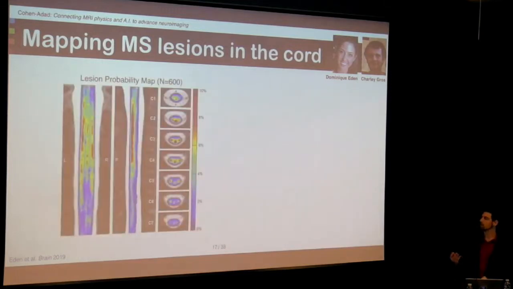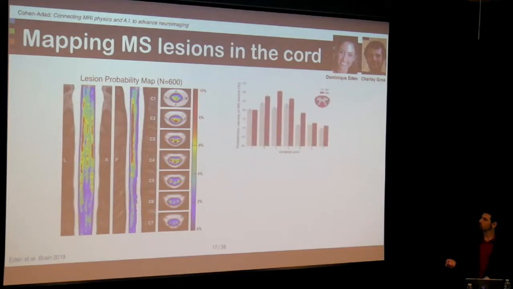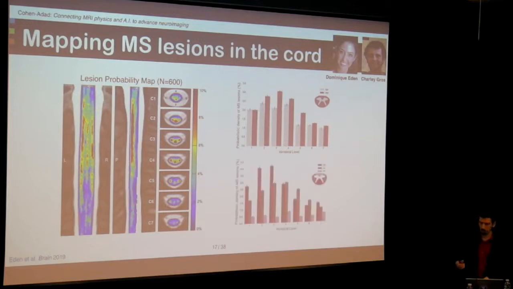And that probability lesion map is the first non-invasive and in vivo mapping of how MS lesions are located in the spinal cord, and that could be useful for looking at where those lesions are in terms of the vertebral levels, and also what are the specific tracts that are affected by those lesions. And again, that could help to better phenotype MS patients and target specific drugs.